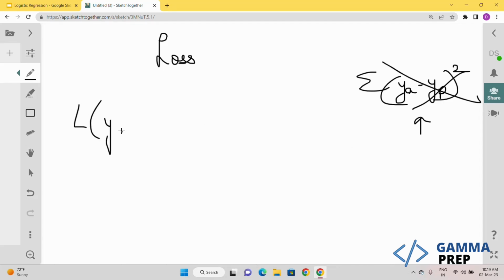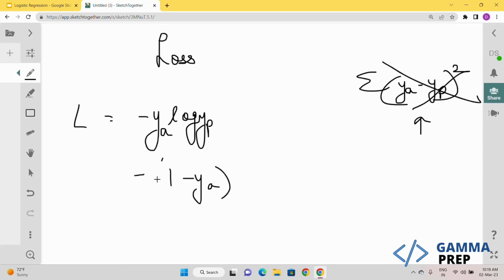So for a particular point, let me write. It's basically minus y actual log y predicted, minus 1 minus y actual log 1 minus y predicted.